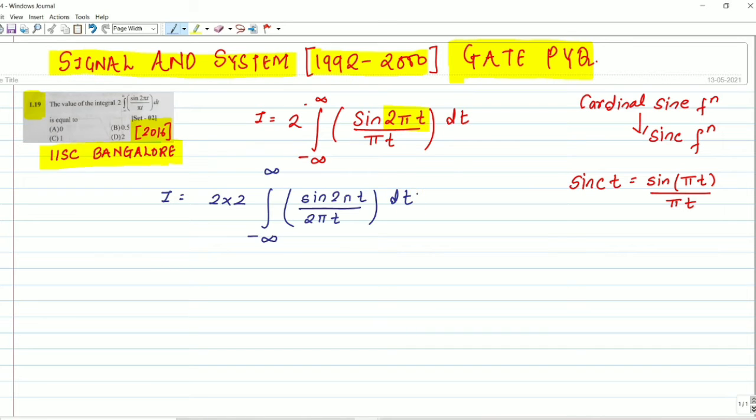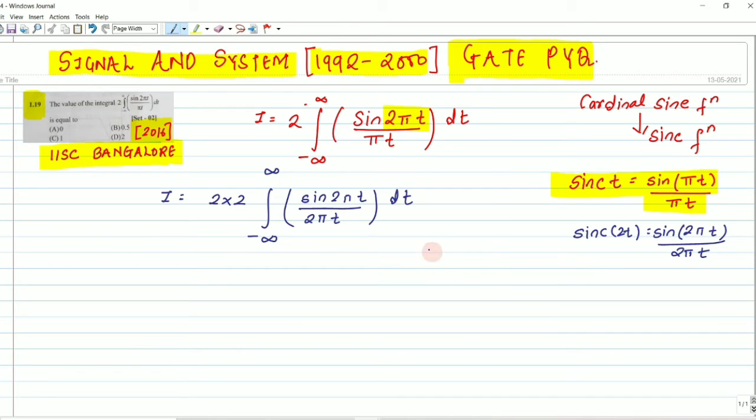Understood this part? We know one formula, which is sinc t can be written as sin(pi t) divided by pi t. Similarly, we can say sinc 2t can be written as sin(2 pi t) whole divided by 2 pi t. Understood?